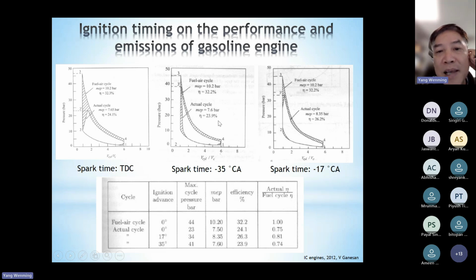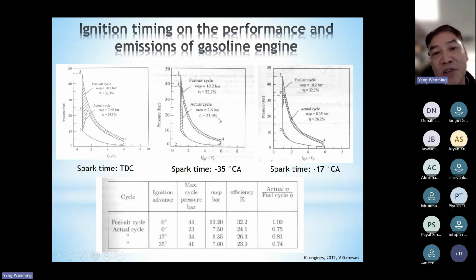So why, as we advance the ignition timing, does the efficiency drop so much? Anyone know? As we advance the ignition timing to 35 degrees CA before TDC, we can see the efficiency drops a lot, correct? In comparison, this is the optimal one.